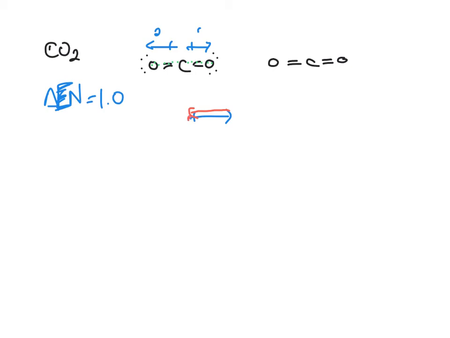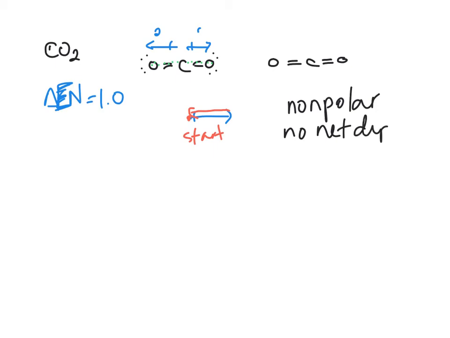So here was my start, and it's also where I finished up. So carbon dioxide has polar covalent bonds, but it is non-polar. There's no net dipole because they cancel out. They're equal and opposite in direction. So this is why shape is important. You have to get the right shape for your Lewis structure.